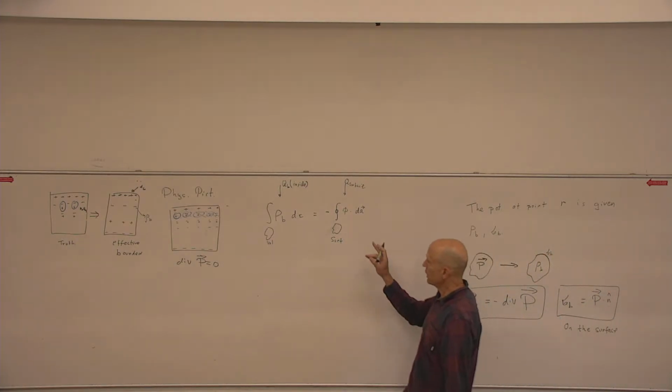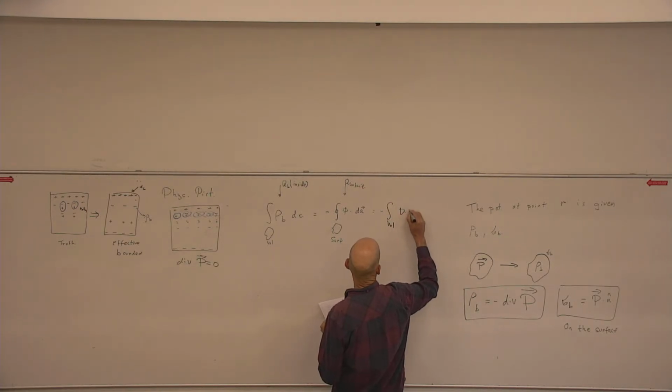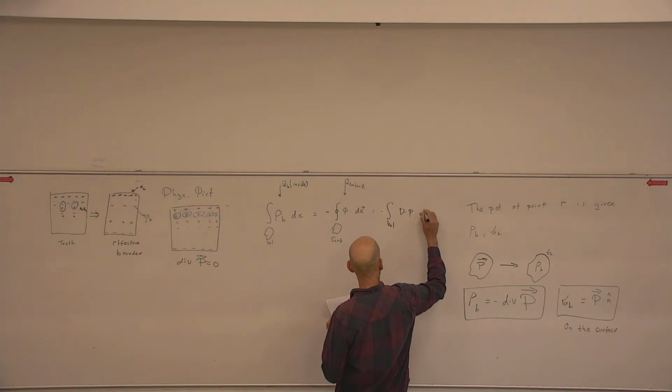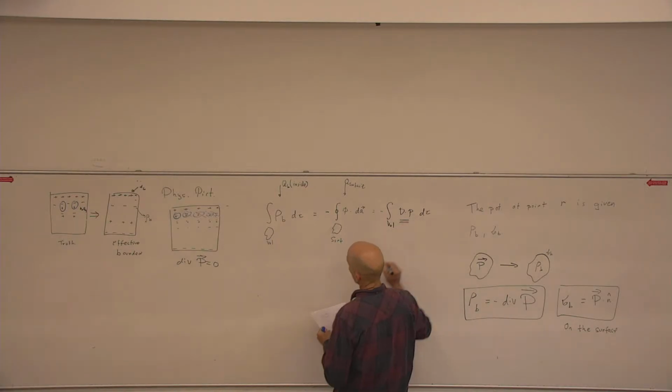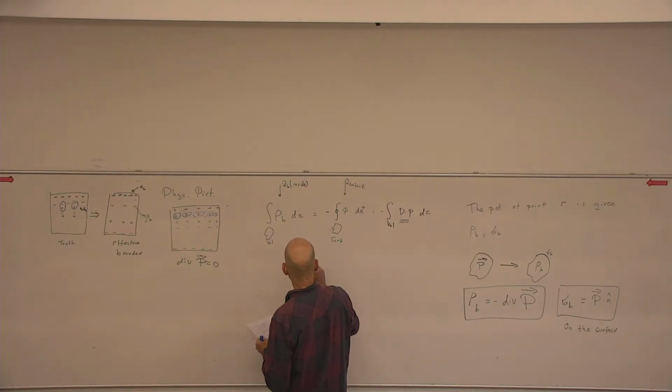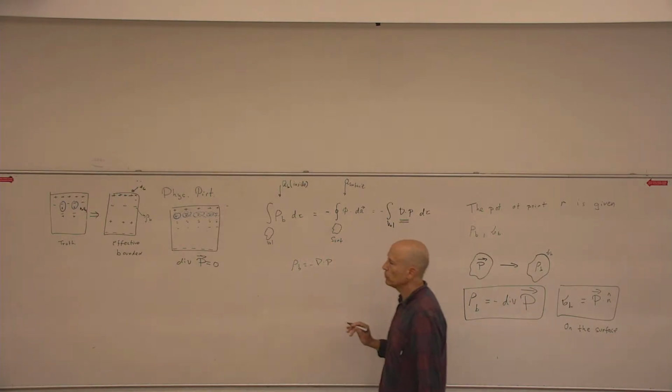But if I use the divergence theorem, then this is simply given by minus the integral over the volume of div P d tau. So you identify this. What you see here is that if this one is correct, then this one is correct. And then the total charge is 0.